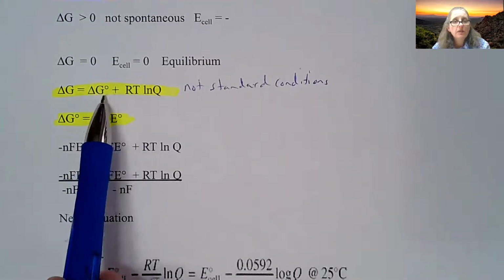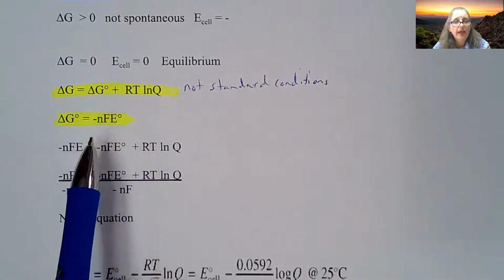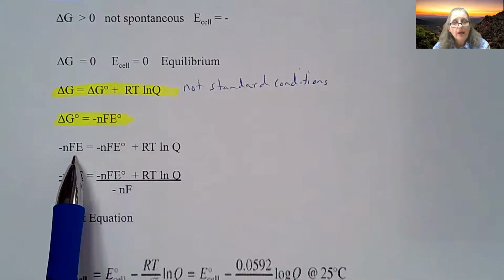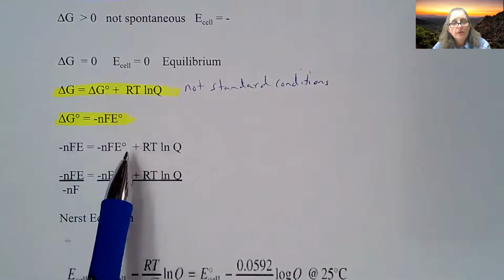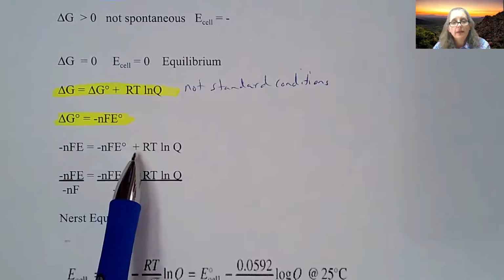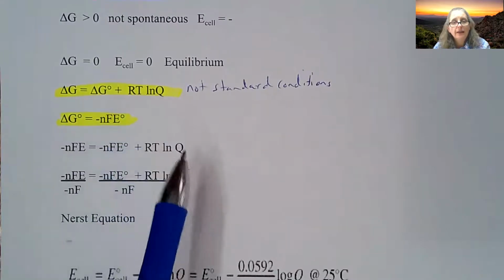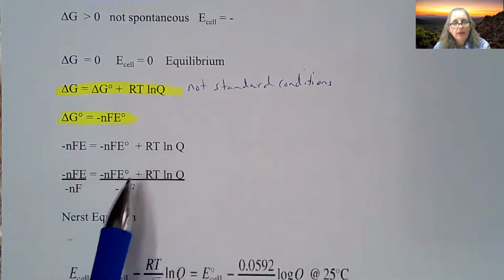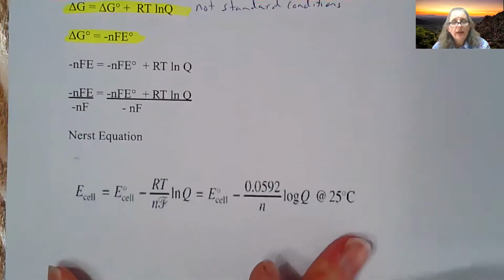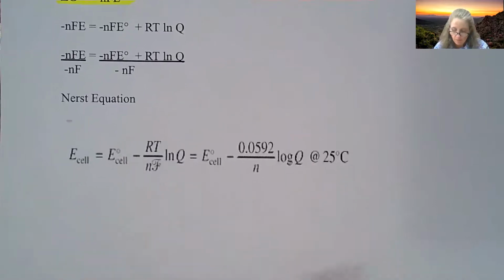So if I go to this equation here and I plug in, negative nFE under non-standard conditions is equal to delta G at standard conditions, so I include the degree sign there, plus RT ln of Q. Then if I divide everything by negative nF, I have essentially derived what we call the Nernst equation.